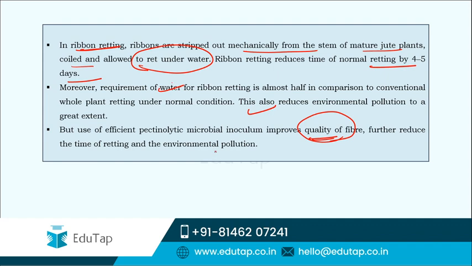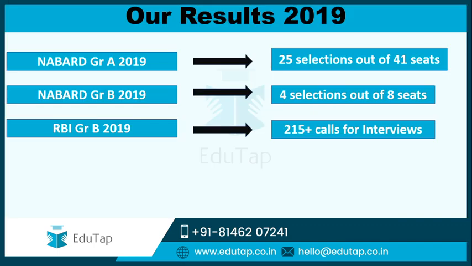Thereby, dual profit can be attained here. One, time of retting is reduced and environmental pollution is also reduced, and at the same time, improved quality of fiber. So this is about the various forms of retting and the microbes that can be used.